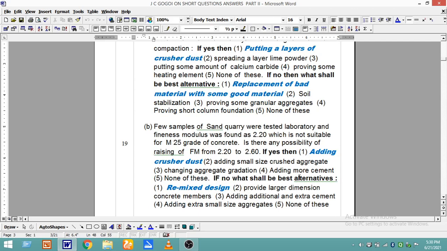Given answer is revised mix design, provide larger dimension of concrete member, adding additional and extra cement, adding extra small size aggregates, none of this.